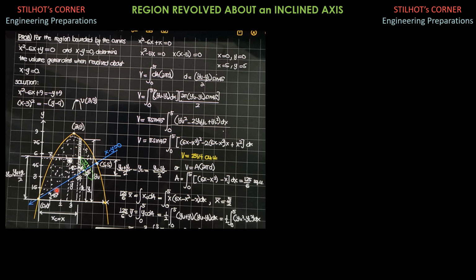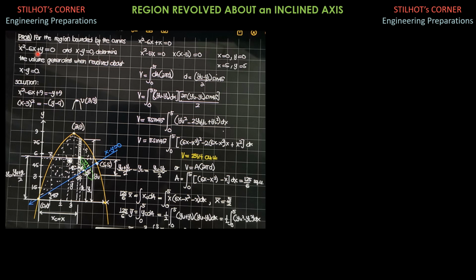It is open downward. While the graph of this line, this is a line, x minus y equals 0. So x equals y or y equals x. So meaning if x is 0, this is 0. So the points of intersection of these two, this parabola and this line here, one point of intersection is at the origin 0, 0, because when x is 0, y is 0, and the other point is to be determined.